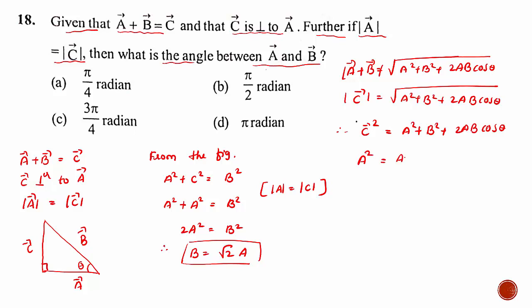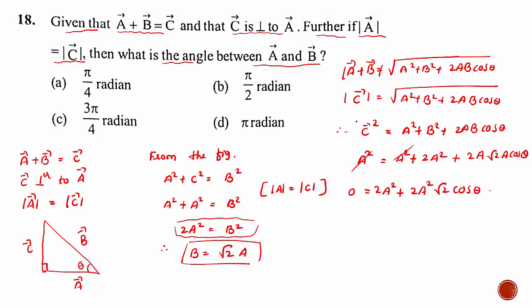Here it is given C and A both are equal. A square equal to A square plus, yes, in place of B square we can write 2A square. Here it is given B square equal to, we got 2A square plus 2 into A into, in place of B we can write root 2 into A into cos theta. So A square and A square will get cancelled. 0 equal to 2A square plus 2A into A will be again it is 2A square root 2 cos theta.